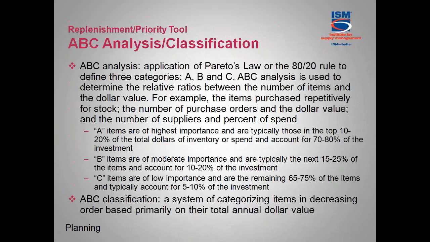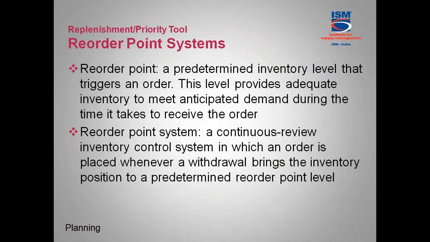Then another system for inventory management is called the reorder point system. Whenever our inventory goes below a particular level, the system itself will generate the order. If we are talking about a continuous review inventory control system, this reorder point is very commonly used.